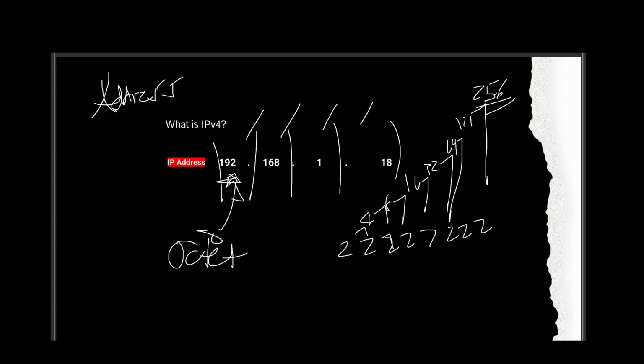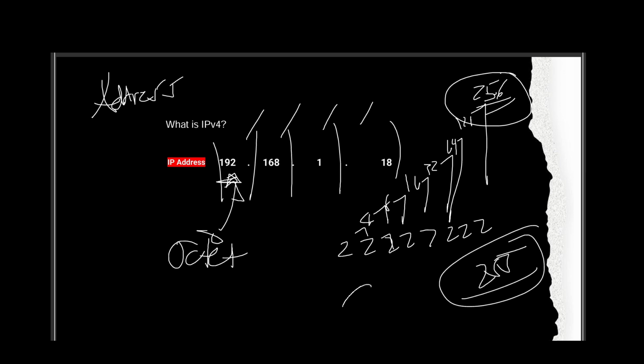It's an octet because the maximum value it can contain is 256. Now, for an IP address, that's going to be 255 because we always start with 0. So 0 to 255, and the total number of values a block can contain is 256. So it's an octet because 2 is multiplied by 2, times 2, until you have the value of 256.